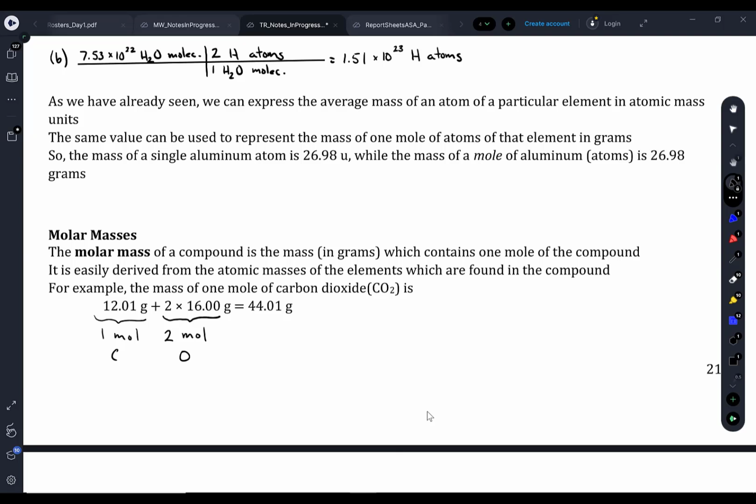So we just take the mass of the carbon plus 2 times the mass of oxygen, and that's the mass of 1 mole of carbon dioxide. Very good. You all remember doing that, I'm assuming? You probably do that calculation more than any other calculation in chemistry, coming up with molar masses.